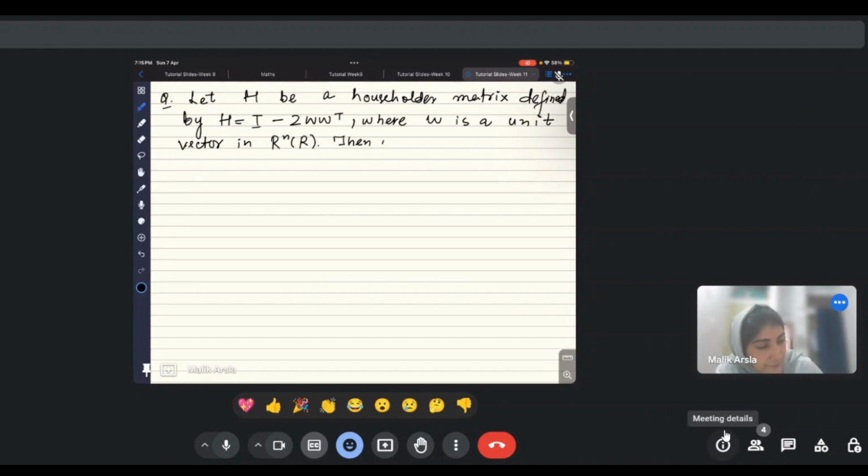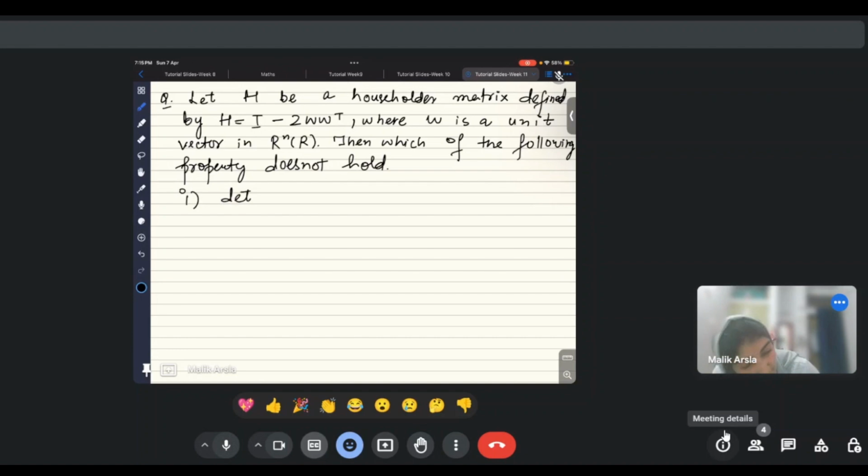Then which of the following properties does not hold?